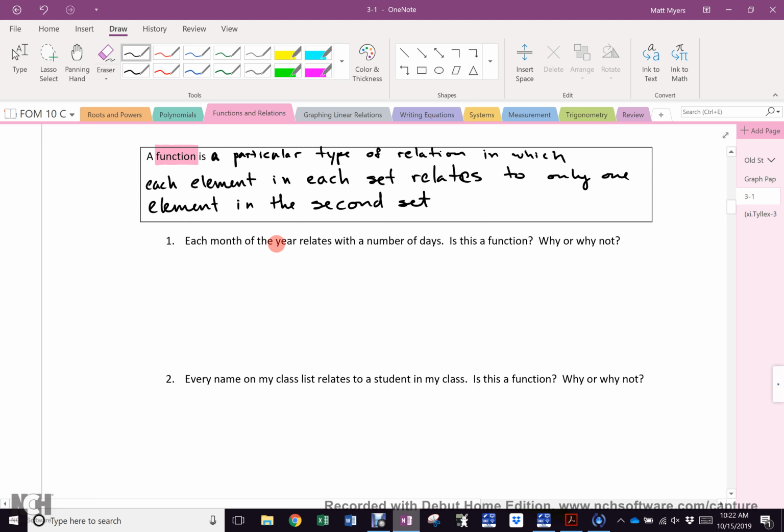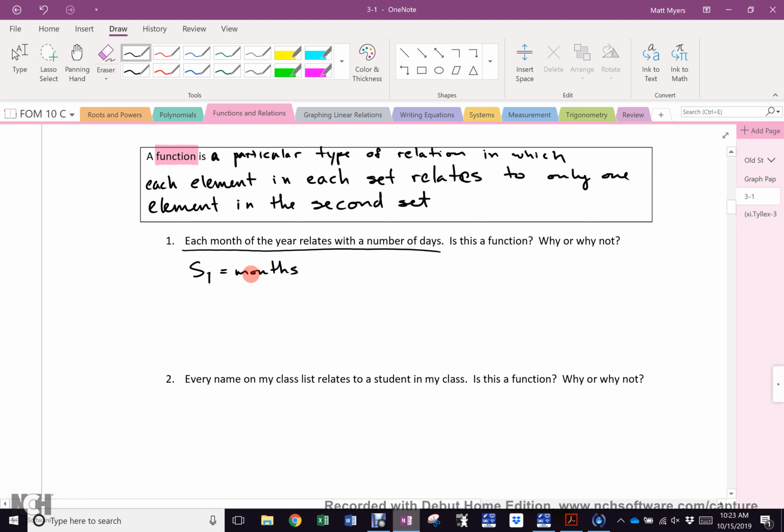Each month of the year relates with a number of days. So, what is the first set in that sentence? What is the first piece of data? Months. So, set one is months, right? Is that the set or the elements? That's the set.